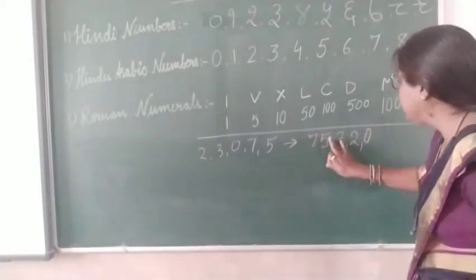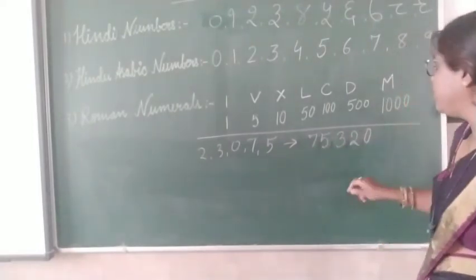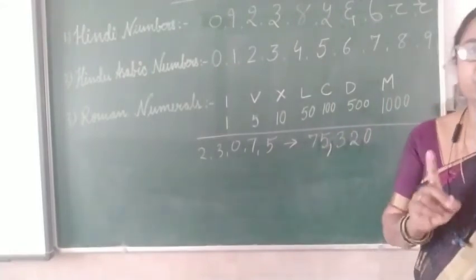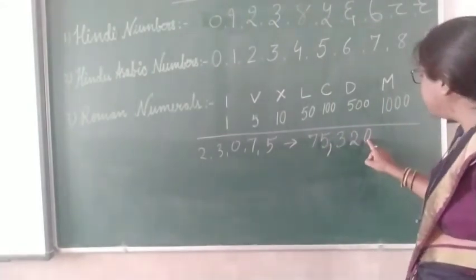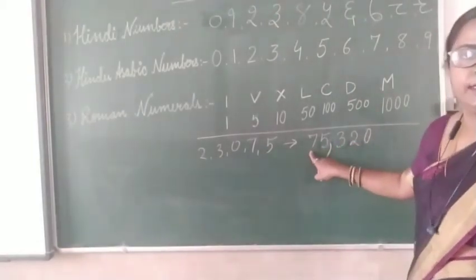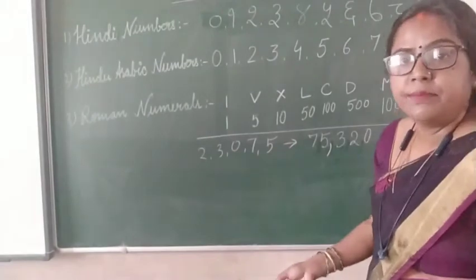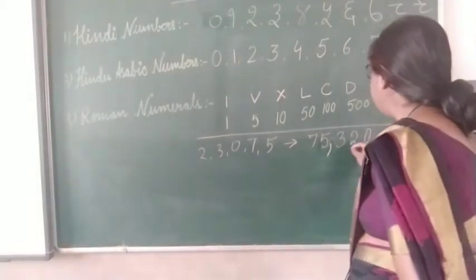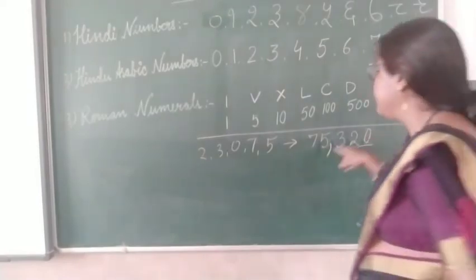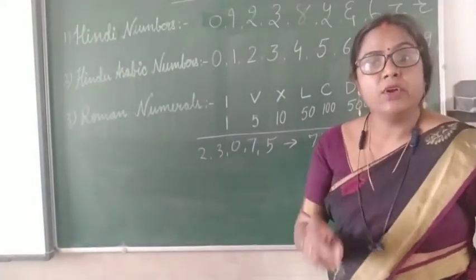So if you have to write the number, you put a comma only for dividing the periods: ones, tens, hundreds, comma, thousands, ten thousands. If I have to write the smallest number, you know that you studied this in class 4 also: when 0 is there, we will not start the ascending order from 0.